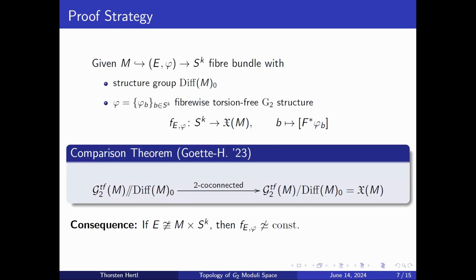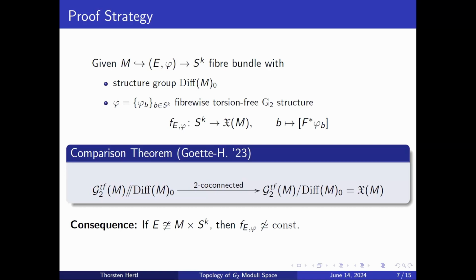This condition is always satisfied if the dimension of the base here is bigger or equal than 2. And we look for a fiberwise torsion-free G2 structure on that bundle. That means we have a family of 3-forms that continuously depend on the base parameter, but maybe in a twisted way.